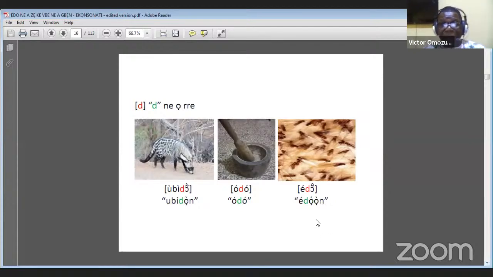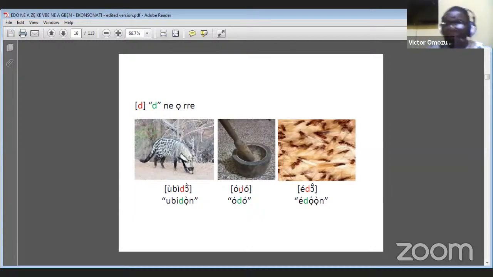Then you have odo. You have the D there. There is no difference between the letter used and the phonetic symbol used. The phonetic symbol is in red. That is the actual pronunciation. Whereas the green is the letter of the alphabet that is used.